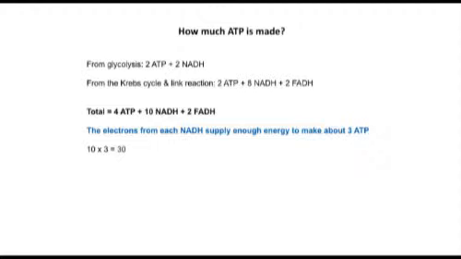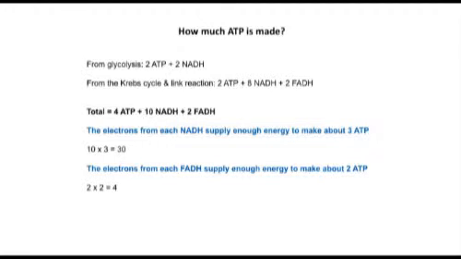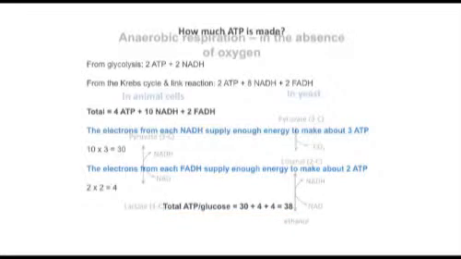So 10 times 3 is 30 ATP formed from the NADH. The electrons from each FADH supply enough energy for 2 ATP. So 2 times 2 is 4. So a total of roughly 38 ATP can be made by aerobic respiration of 1 molecule of glucose.